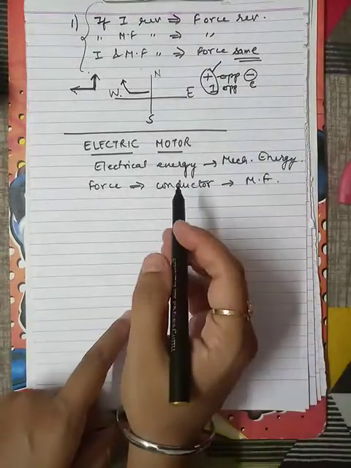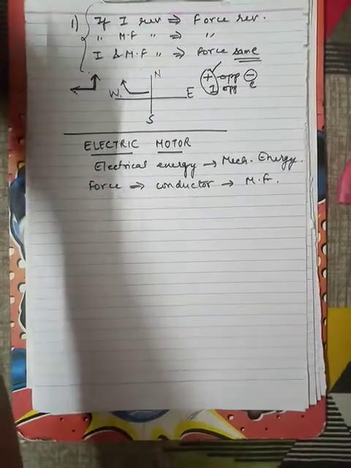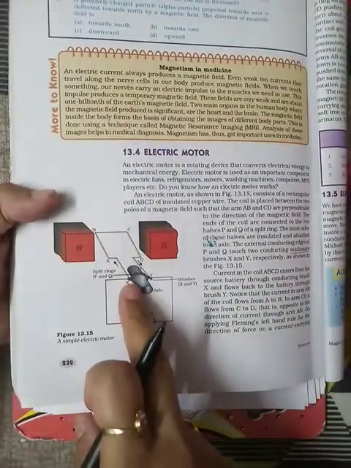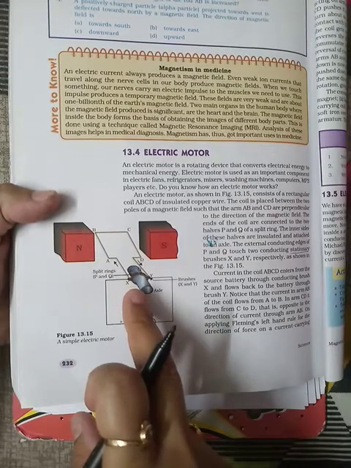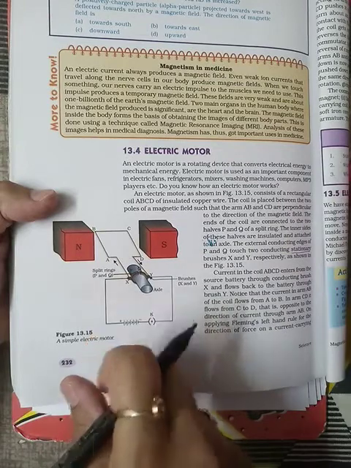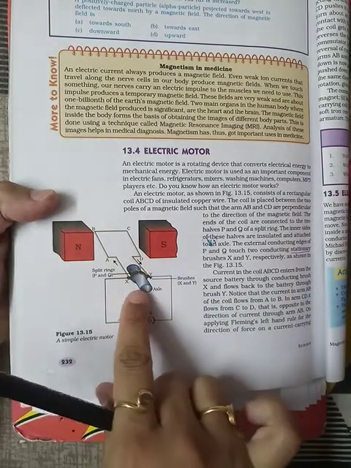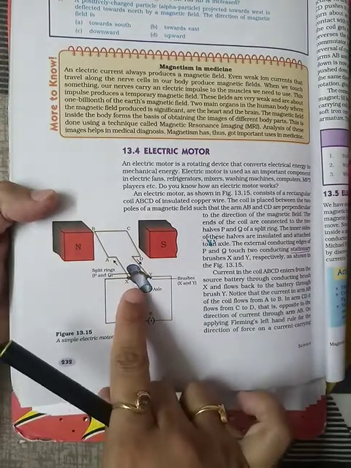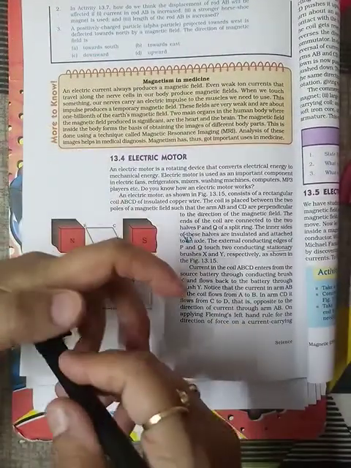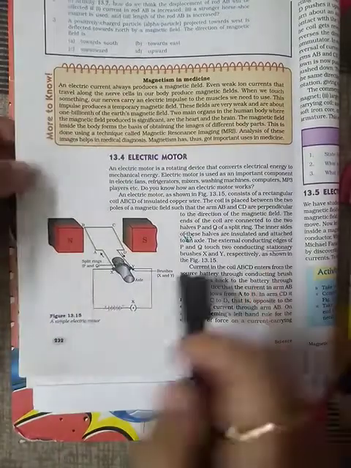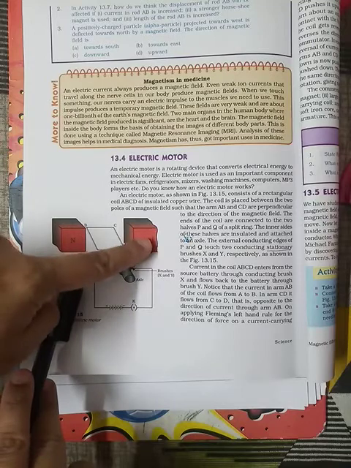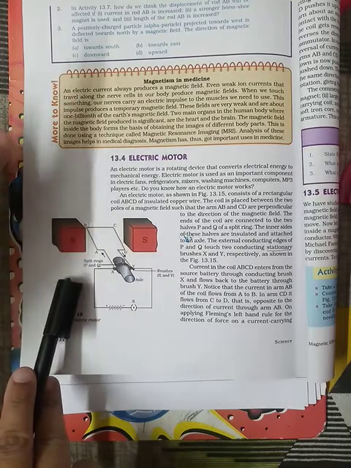In your books, the diagram is a little bit in a 3D view. So we have to keep 3D view in mind also. But to understand the working, we can have a 2D diagram. From this diagram, we first have to understand what the parts are. This is the north pole and this is the south pole of a magnet, which is creating a magnetic field.